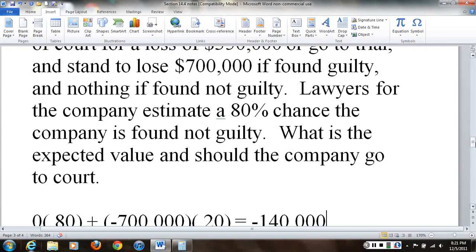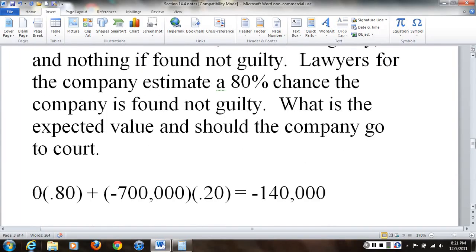Now this one's a little bit easier, because if we go to court, on average we stand to lose 140,000. Odds are. If we don't go to court, we stand to lose 350,000. So that's a fairly clear-cut decision. I would say the company would probably go to court and take our chances, because odds are we stand to lose less than what we would lose had we just settled. Now again, if you're thinking, well, you still could lose $700,000, and that's true.